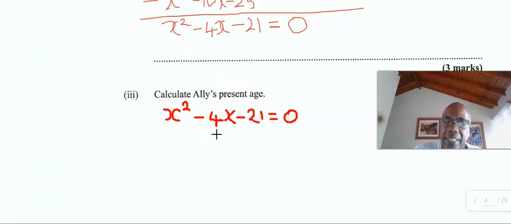In order to factorize this, the first step is to find the factors of negative 21. That's the last term here, the constant term.